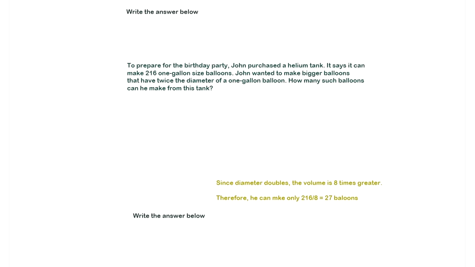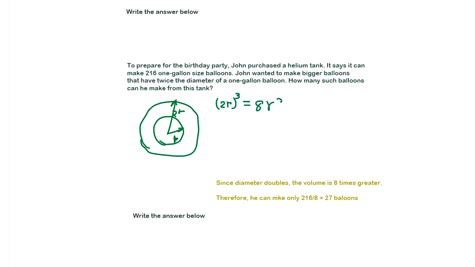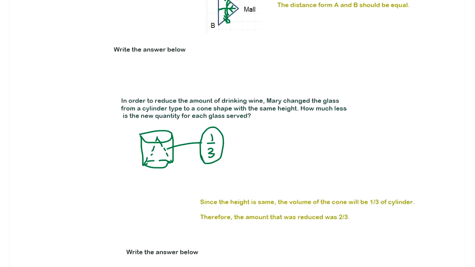So if you make a sphere twice as large, then how much does the volume increase? Eight times, right? So John can make only 8 balloons, right?